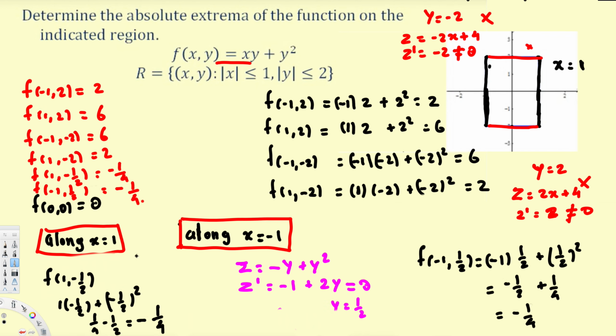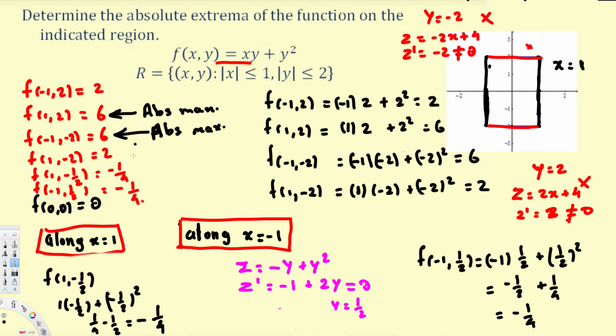Here we have the critical points and we have everything. Now let's compare. The maximum value is 6, so the absolute maximum occurs in two places. So this is our absolute maximum, and this is also an absolute maximum.